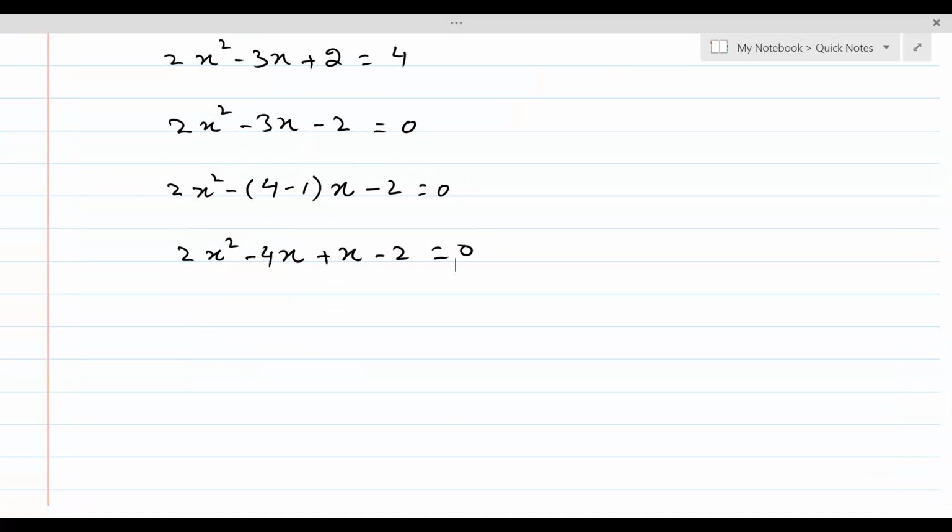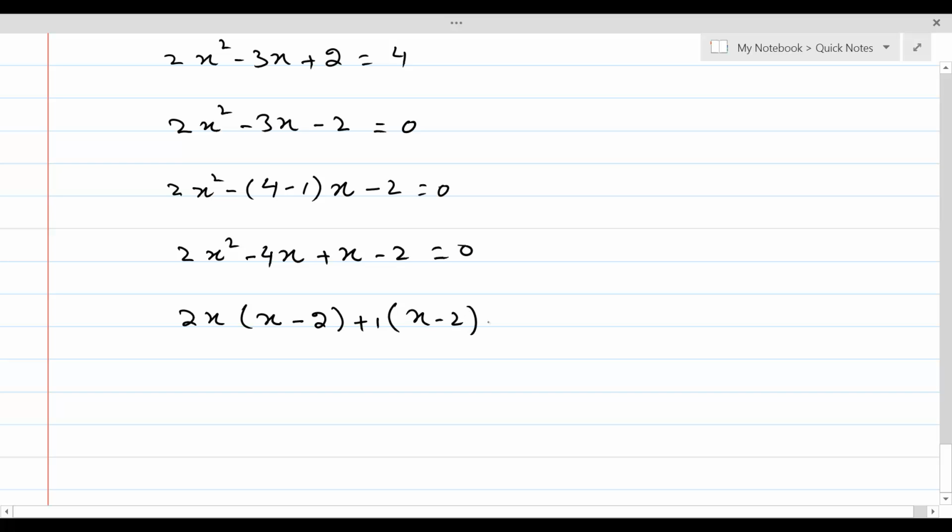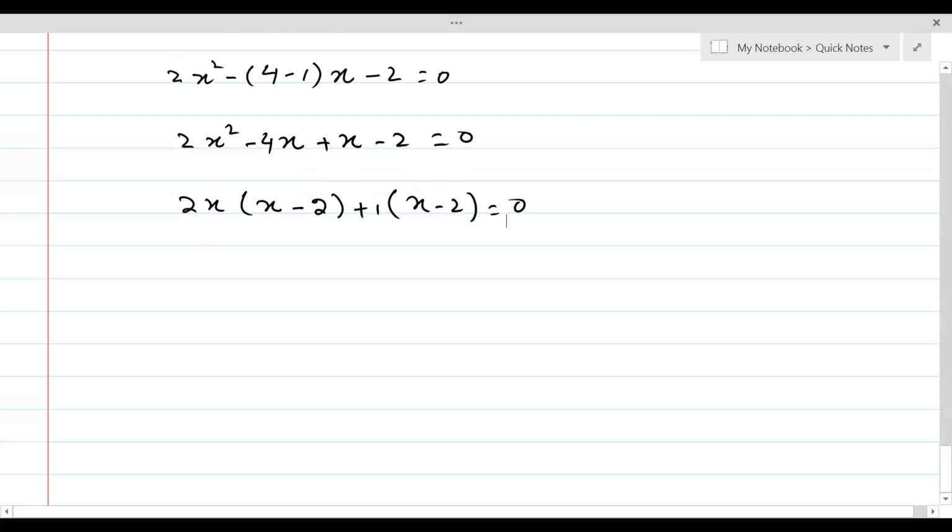Here we have 2x common, which will give us x minus 2, plus 1 common, x minus 2 equal to 0. If we take x minus 2 common, that gives us 2x plus 1 equal to 0.